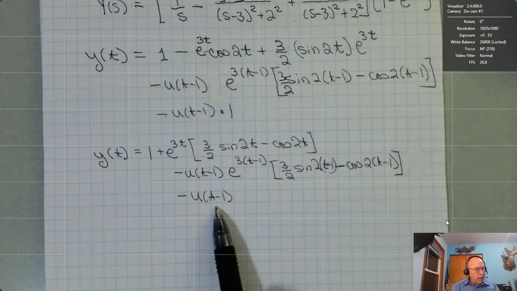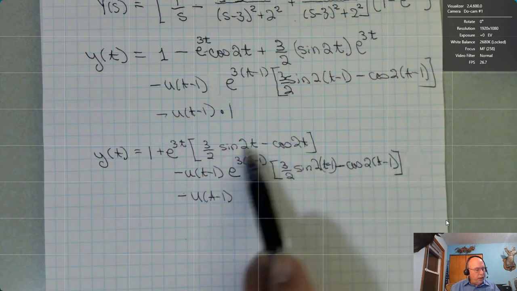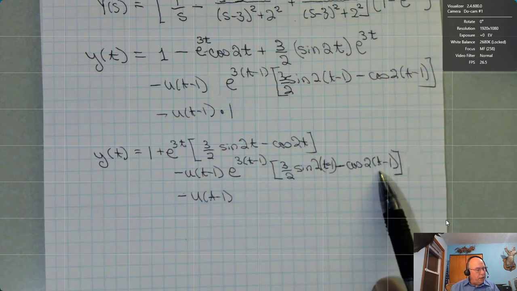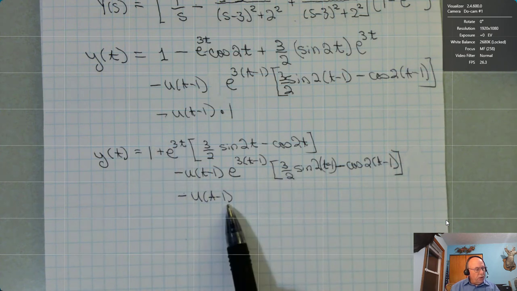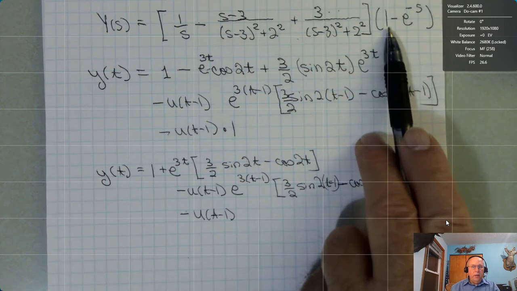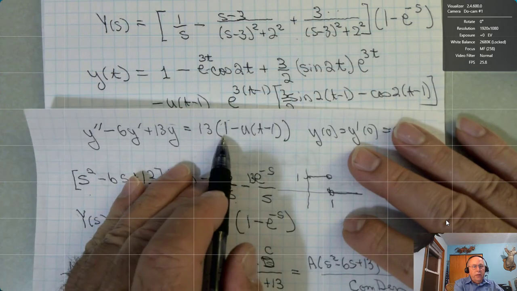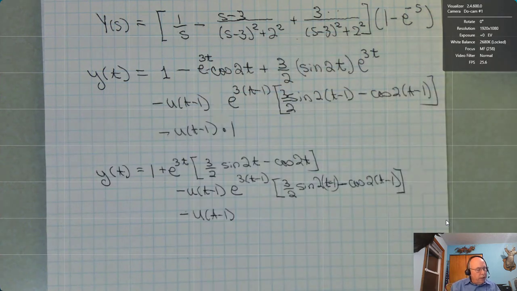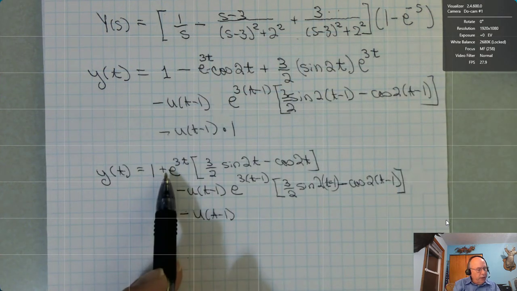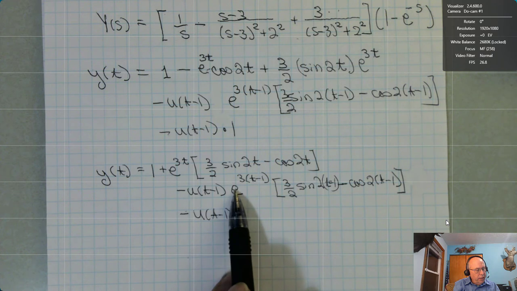There's just one last thing I'd like to comment on, and that is, if you notice this, we've got a sinusoid here, and the same one shifted. The constant gets subtracted out after t equals 1, corresponding to the original force dropping out after t equals 1, that input force. But there is something that potentially could be a little bit troubling, and that is we have e to the 3t and e to the 3(t minus 1).